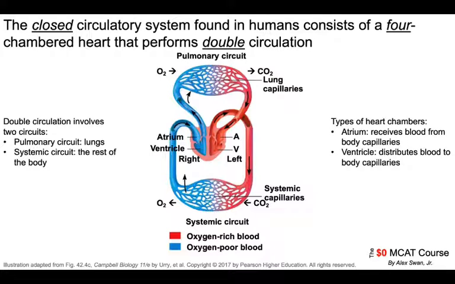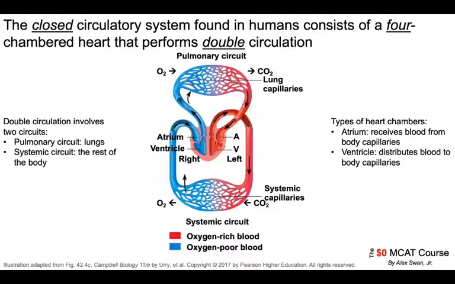Now, this is a very general diagram of a circulatory system found in humans and other mammals. It's a closed circulatory system that consists of a 4-chambered heart and performs double circulation. We're going to go over what all that nomenclature means, but first, I want you to appreciate what's occurring in this figure.